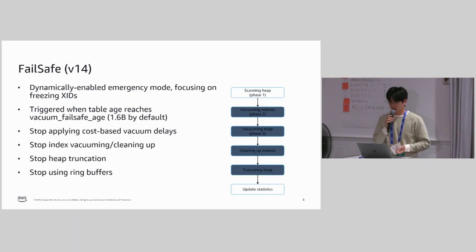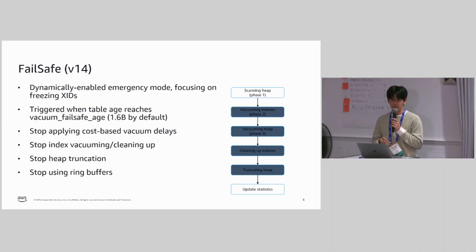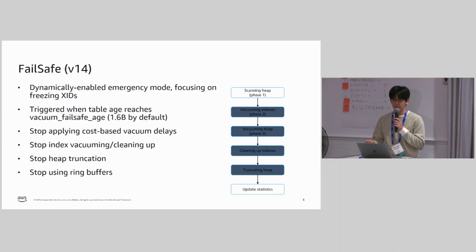Specifically, it stops the cost-based vacuum delay and skips many phases such as index vacuuming, index cleanup, and heap truncation. It even stops using ring buffers. In other words, it focuses on freezing and advancing the transaction ID, even if it means using more resources, because that is an emergency situation for the whole system.